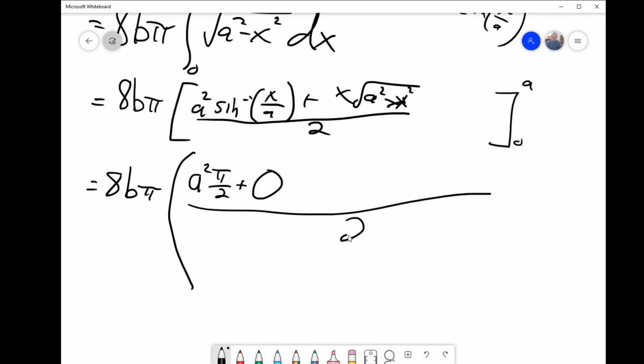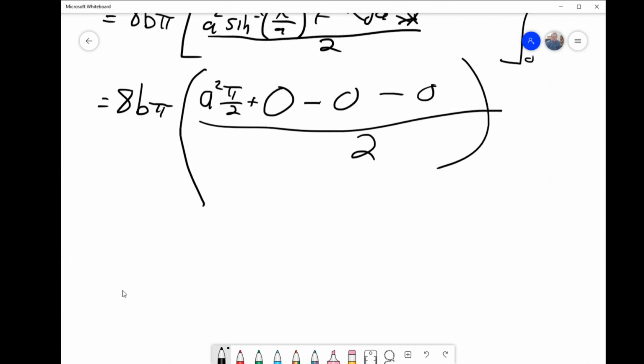Keep the whole thing over 2. The inverse sine of 0 is 0. And then when x is 0, this term is also 0. So even though it looks big and nasty, 3 out of 4 terms in that definite integral work out to 0.